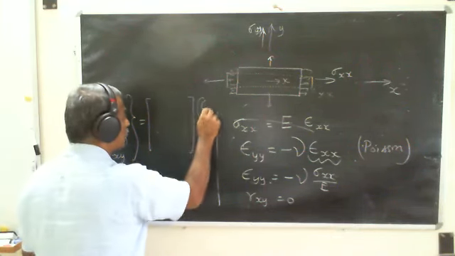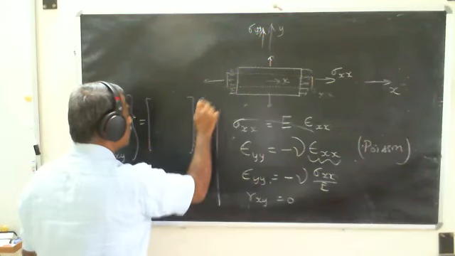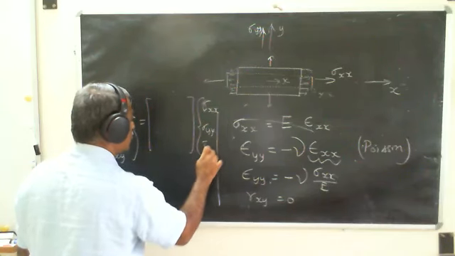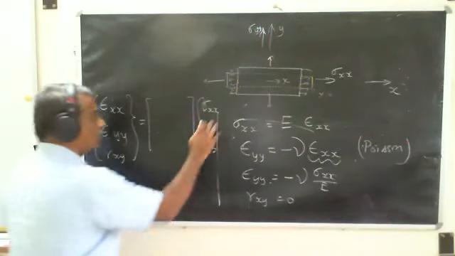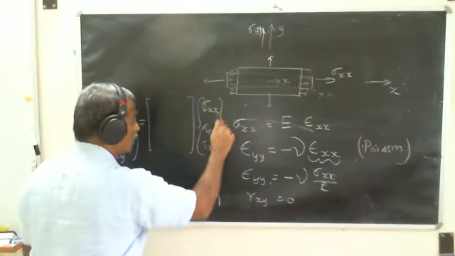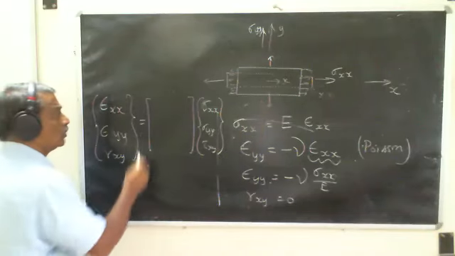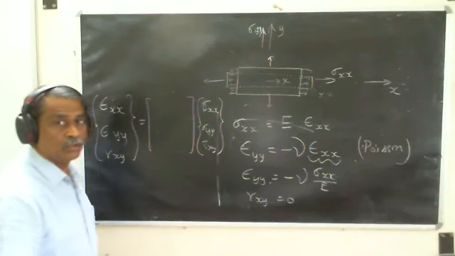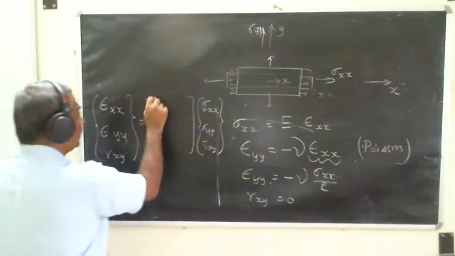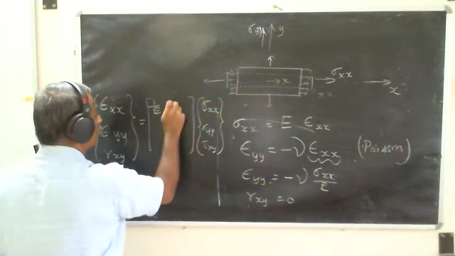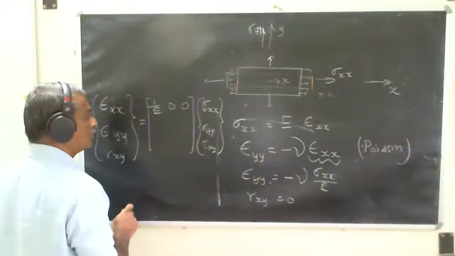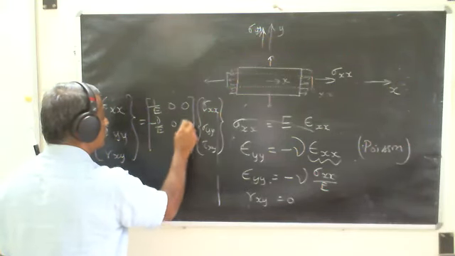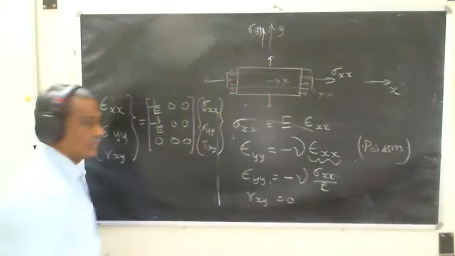Times sigma xx, sigma yy, tau xy. In this scenario, what would I get here? Quickly. 1 by E, 1 by E, 0, 0, 0, 0, minus mu by E, minus mu by E, 0, 0, 0, 0, 0, 0.